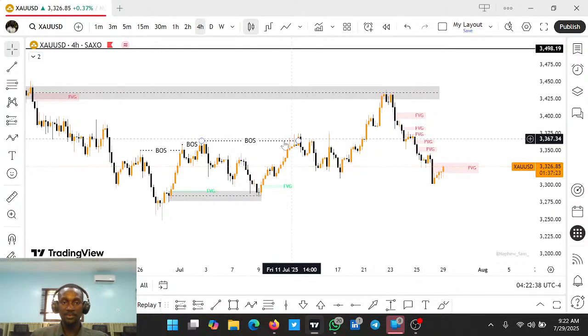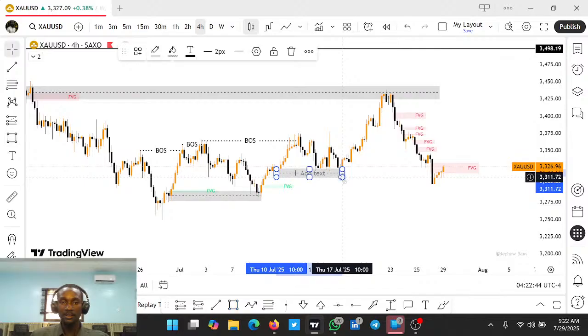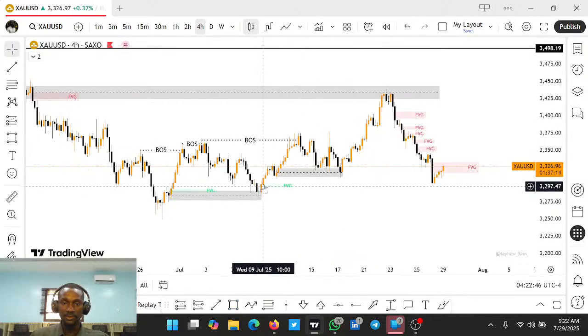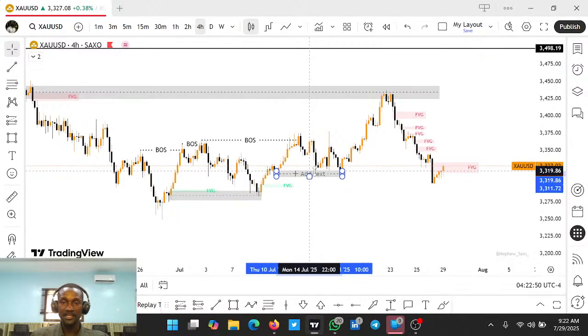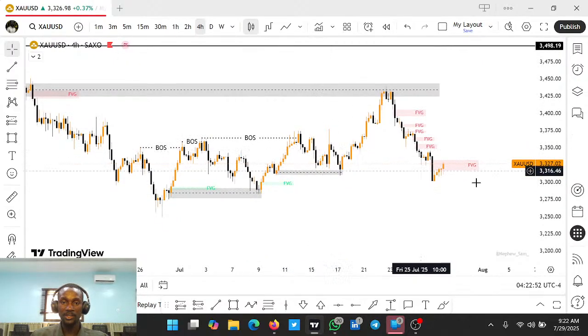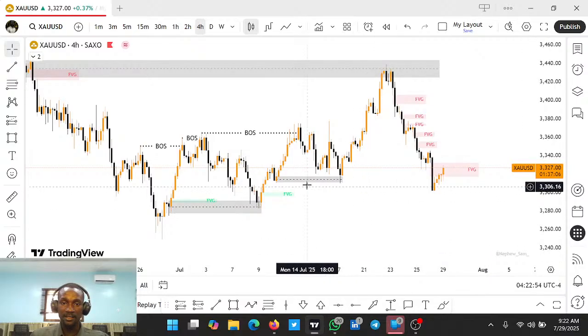So after this break of structure, the origin that would give birth to this break of structure is here. It was supposed to be this level, this other block here, but instead, what do you see the market did? The market used this level as our PO high. Why?